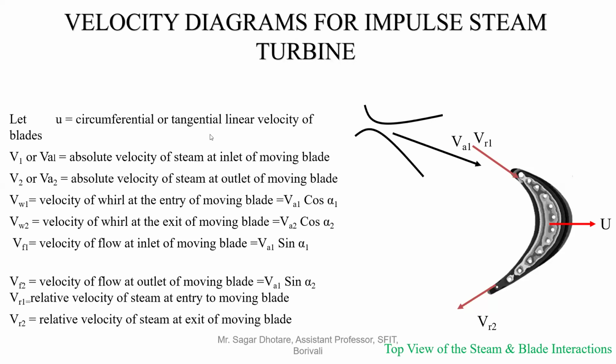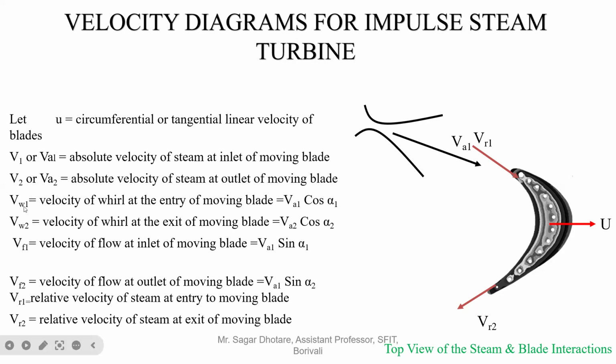If you can see properly, these are the nomenclature. Small u is the circumferential, you can say tangential, linear velocity of the blade. This one is the absolute velocity of the steam at inlet. Now, rather than water, we can say steam. Then Va1 is the absolute velocity. Va2 is the absolute velocity at exhaust or outlet of the moving blade.